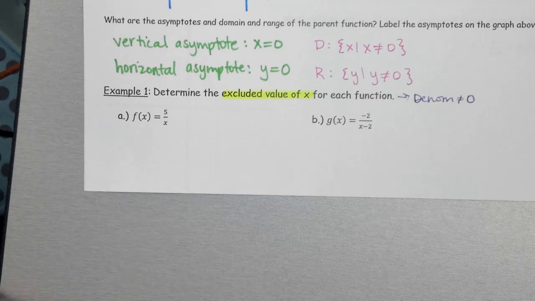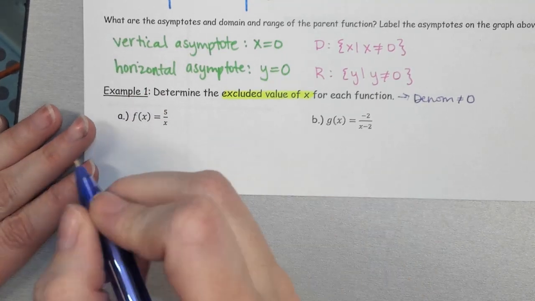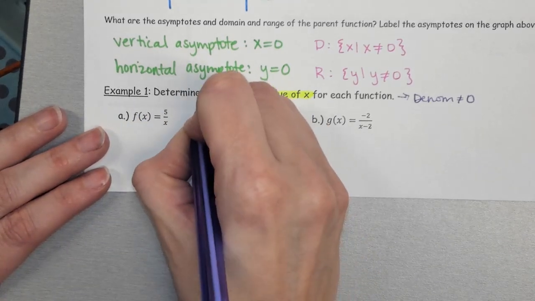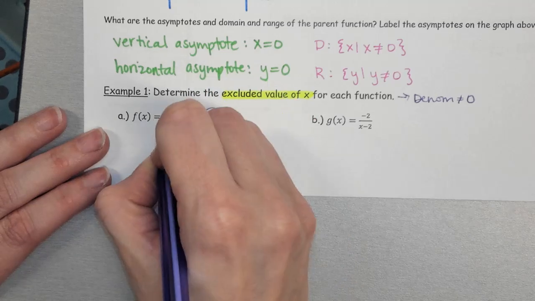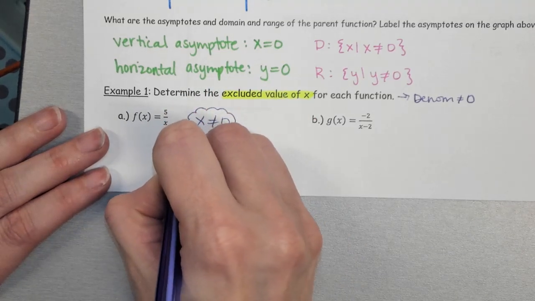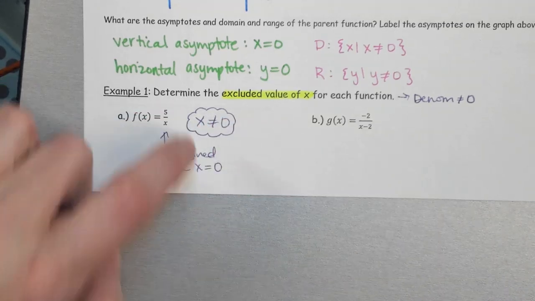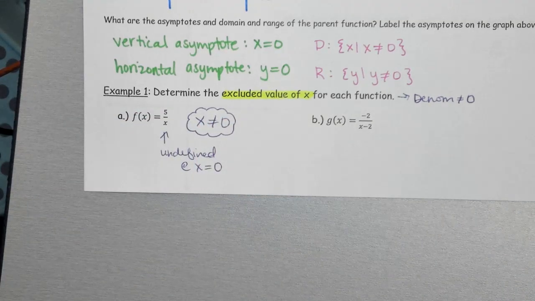So for part A, we have 5 over x. That just means x can't be 0. This is where it's undefined. So the exclusion is going to be wherever that function is undefined, or where you get an error.